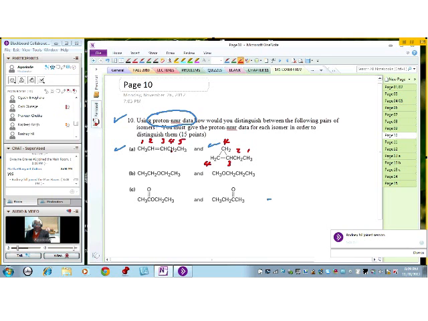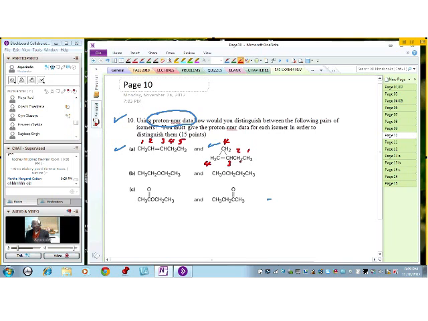If you replace any one of these hydrogen with chlorine, you will get a different compound from if you replace this hydrogen with chlorine. So that is what you have to use as a guideline. To test whether a set of hydrogens are equivalent, just replace any one of them with chlorine and see whether you get a different compound.